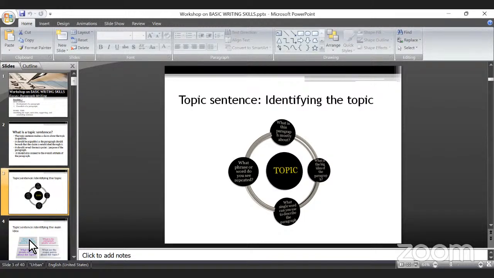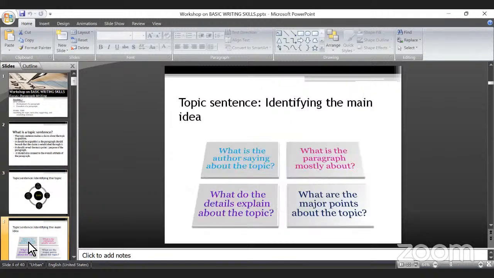Now, what will help you understand the main idea or the controlling idea? Questions like, what is the author saying about the topic? What do the details explain about the topic? So you look at all those sentences after the one that is colored in red and ask, what do these details explain about the topic? What is this paragraph mostly about?